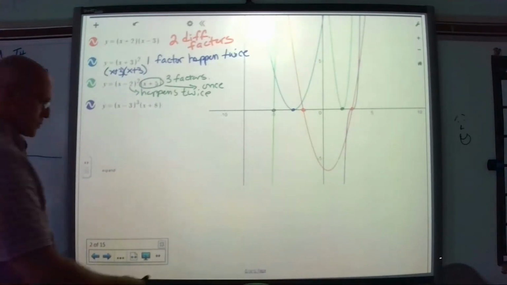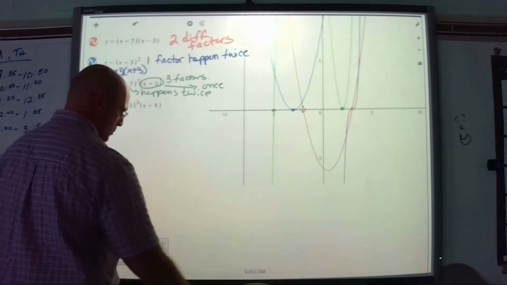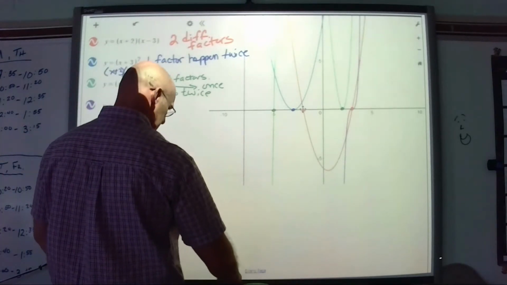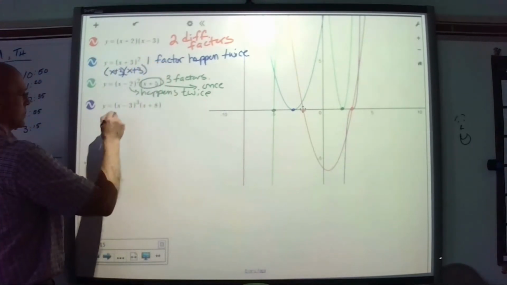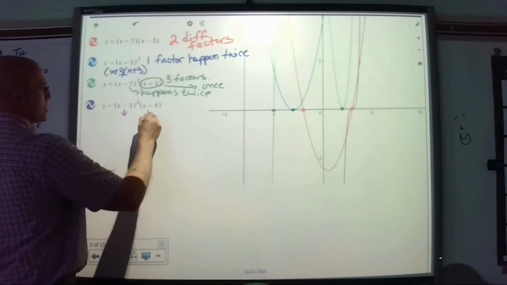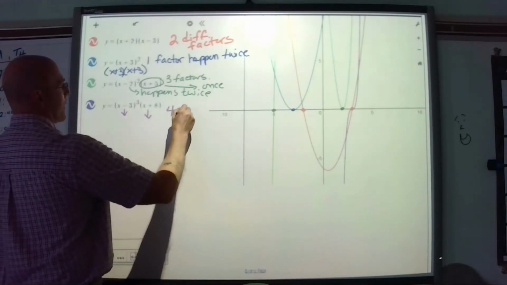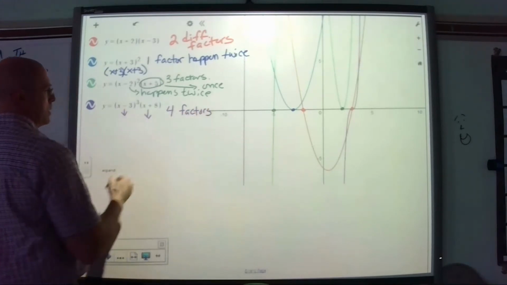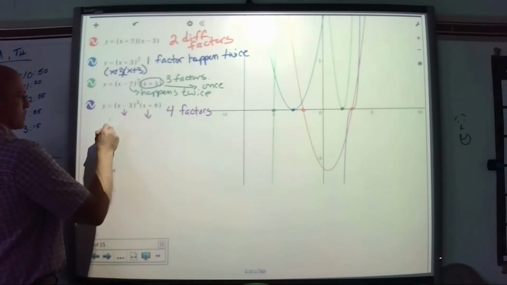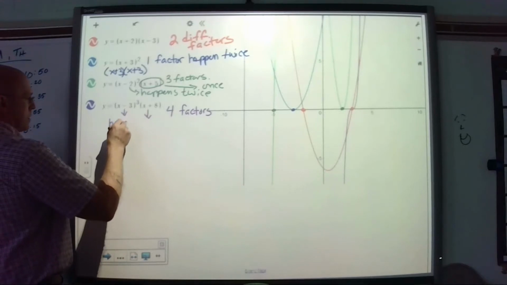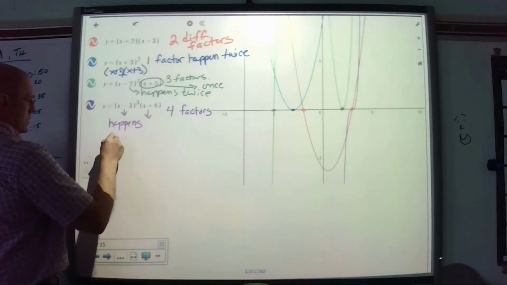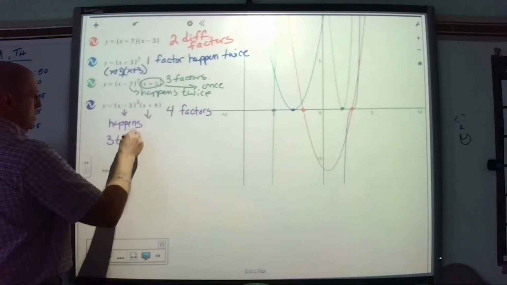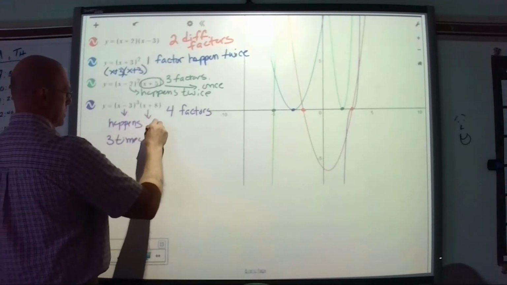Alrighty, let's look at this last one here. This last one's in purple. It has a total of 4 factors. This one happens 3 times, and this one happens once.